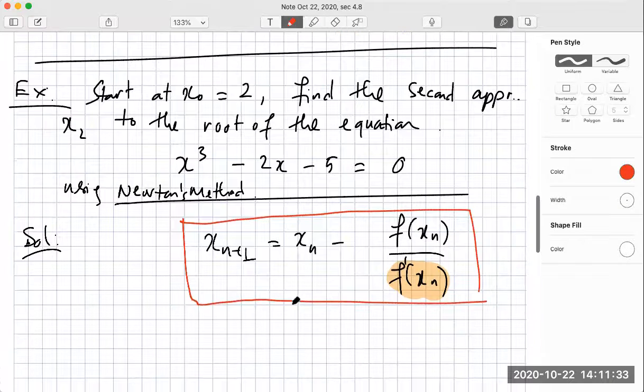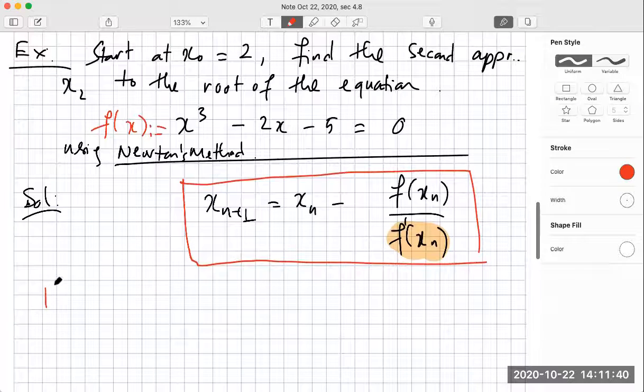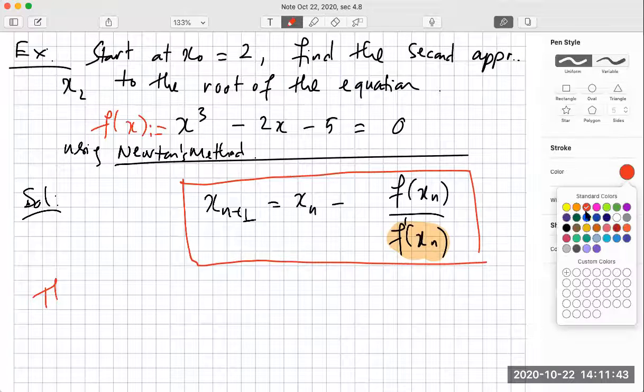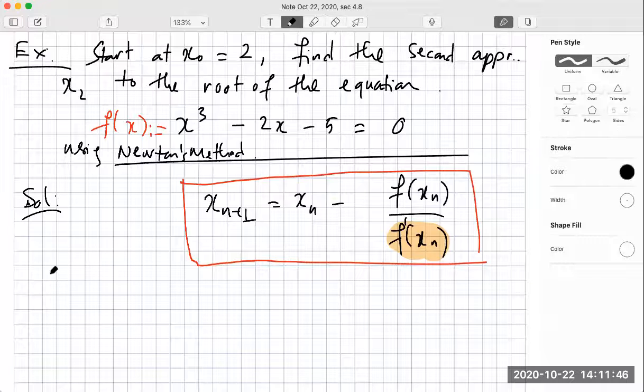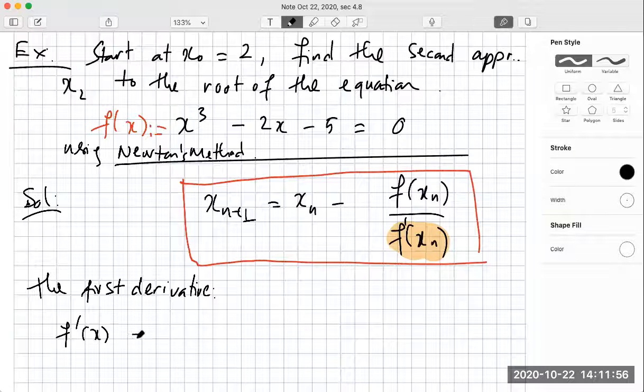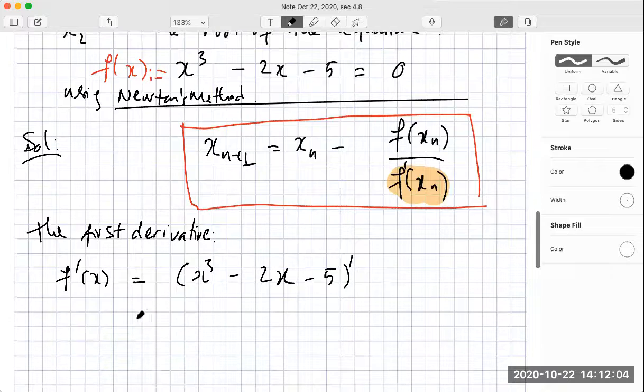Let us call this guy f(x). Then the first derivative of this guy will be 3x squared minus 2, right? Easy.